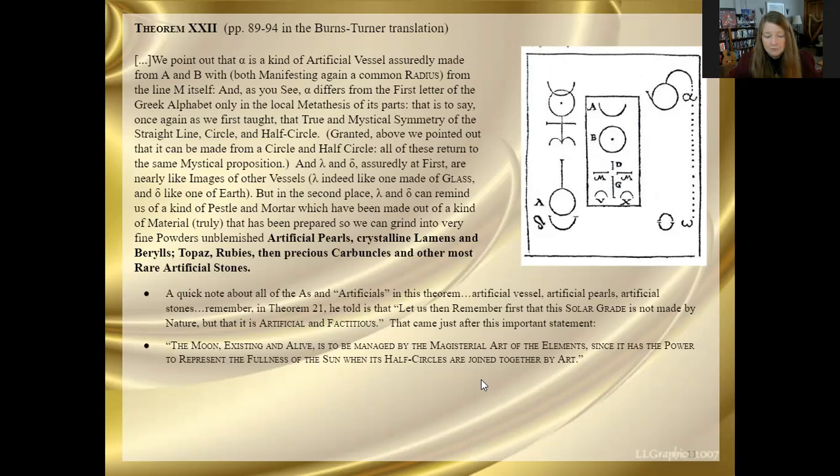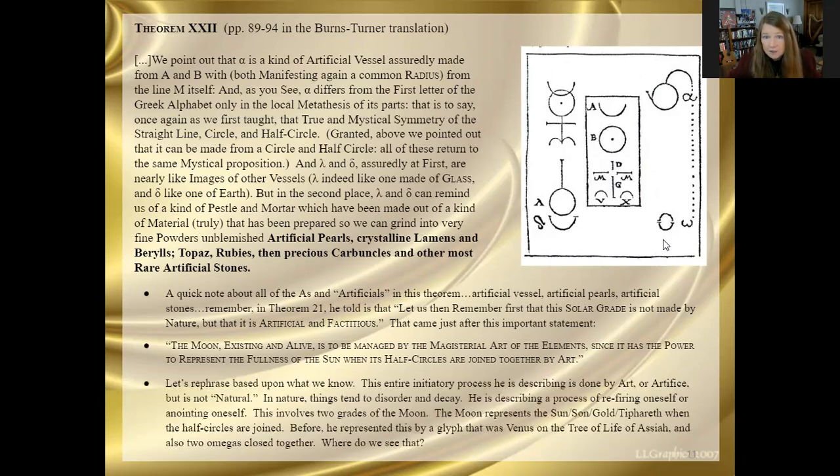All right, so they're joined together by art. We saw that in 21 also, and we see it again here. The two omegas come together, they look like the sun. The solar grade would be grades associated with Tifereth. So that's definitely something we're going to talk about with his second grade, their Tiferetic grades. So let's rephrase all of this based upon what we know to this point.